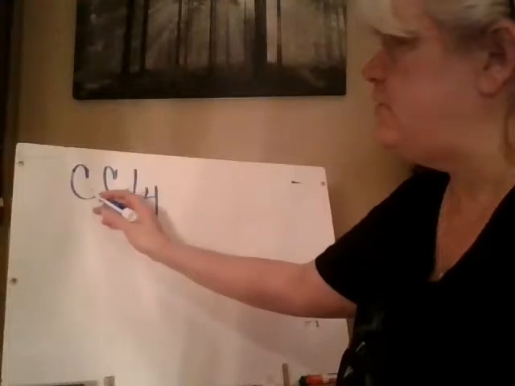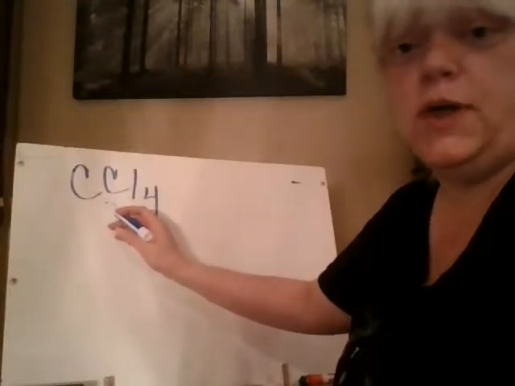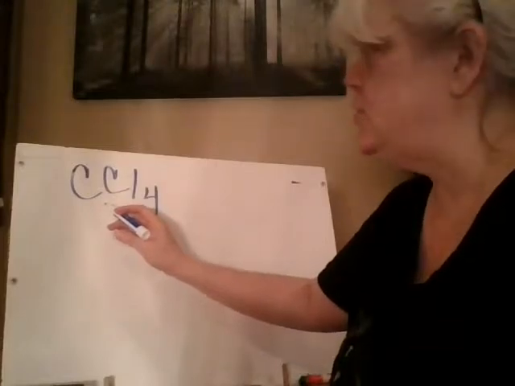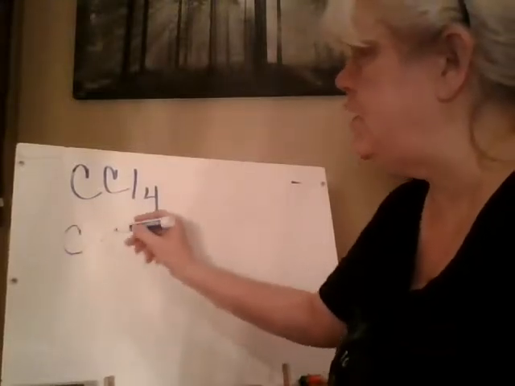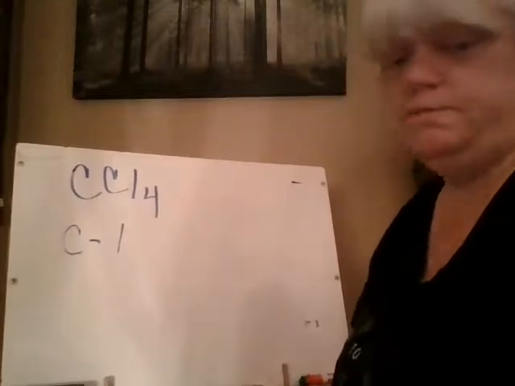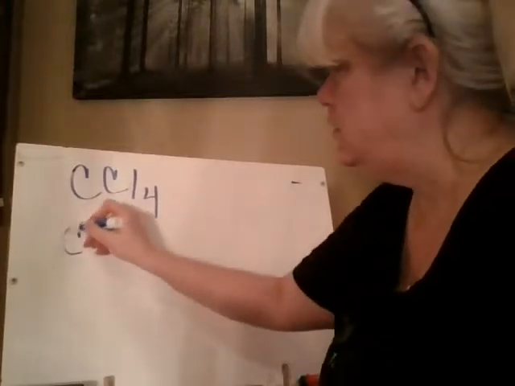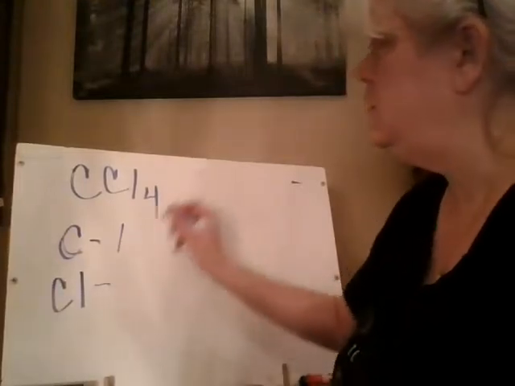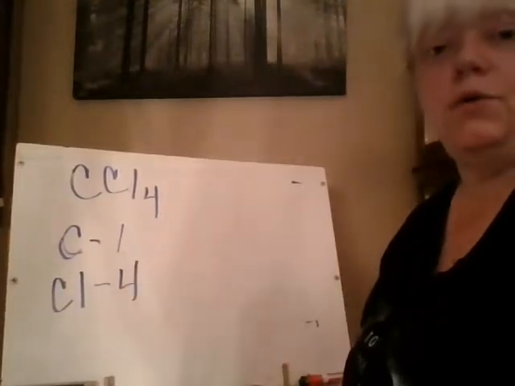So here we have a carbon. There is no subscript showing, and remember that's an understood 1 when you see no number. So in this case, we would have 1 C. Okay. And on the chlorine, we would have a total of 4.